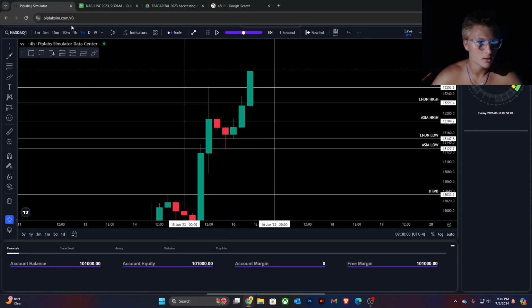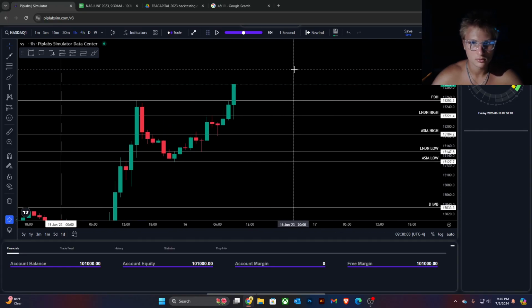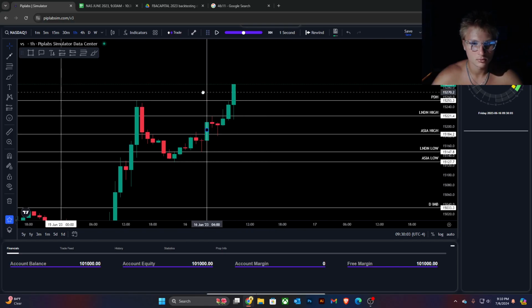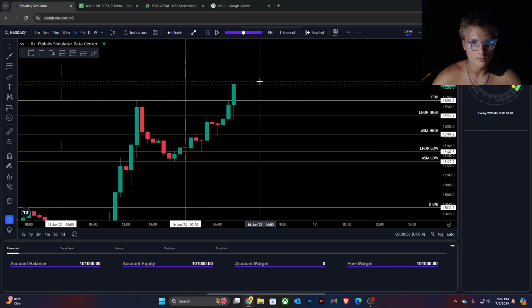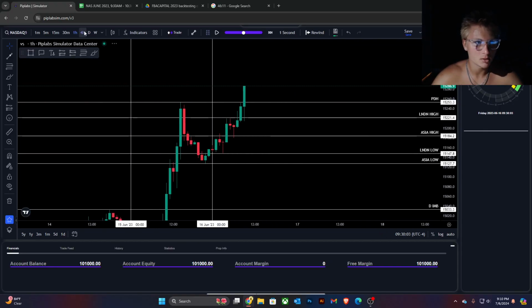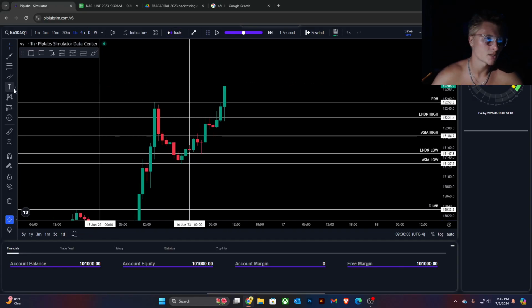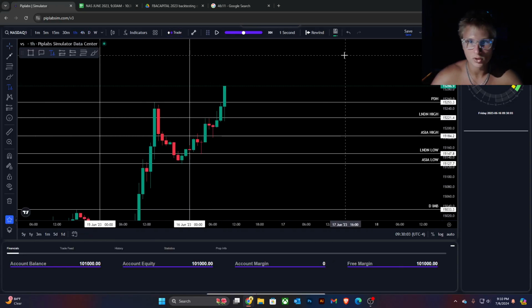What is this line? Hold up. I messed up my chart a little bit. Alright, but 4 hour bullish, daily bullish, 1 hour bullish. We got a fixed bullish bias here.